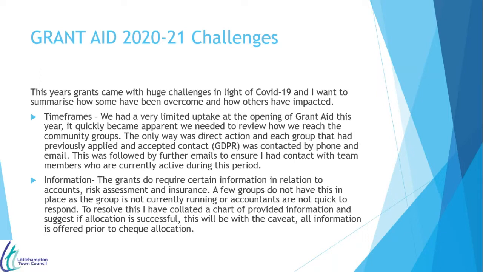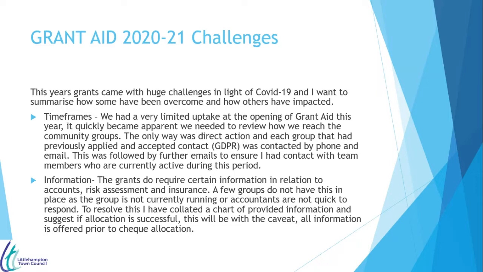We have had very limited uptake at the opening of Grant Aid this year. It quickly became apparent that we needed to review how we reach the community groups. The only way was direct action, and each group that had previously applied and accepted contact was contacted by phone and email. This was followed by further emails to ensure I had the contact with team members who are currently active during this period.